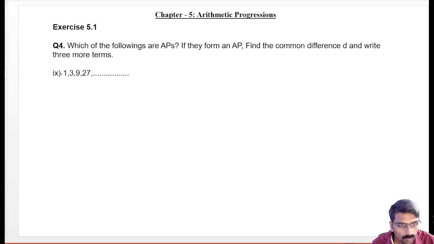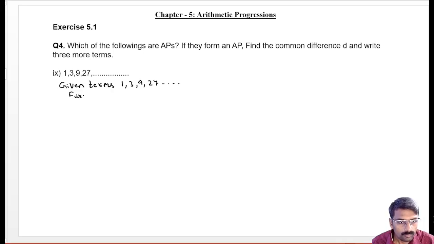Next sub-question, given terms 1, 3, 9, 27 and so on.